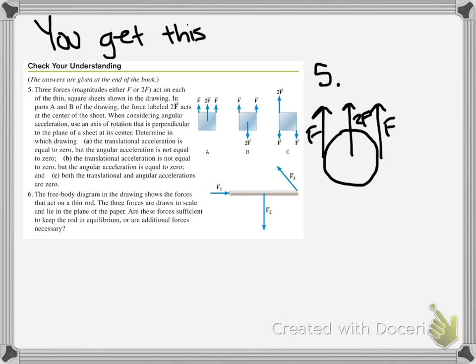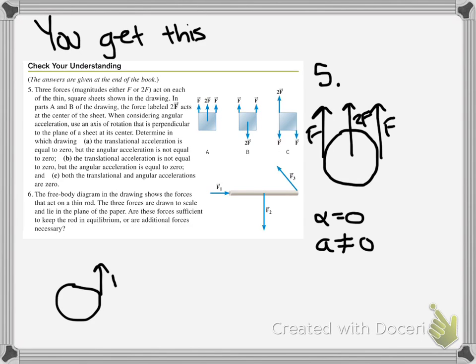Let's say you have both hands on the side of the steering wheel and you decide to move both hands up. The steering wheel isn't going to move at all. So that means that your angular acceleration here is 0. But since the 2F is from the center and it's going up, that means that your acceleration is not 0.